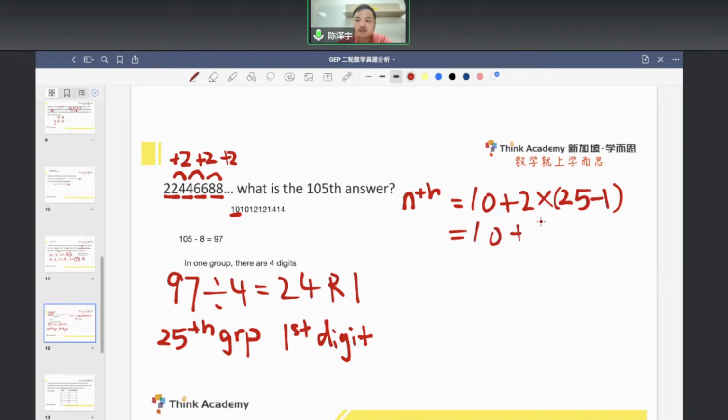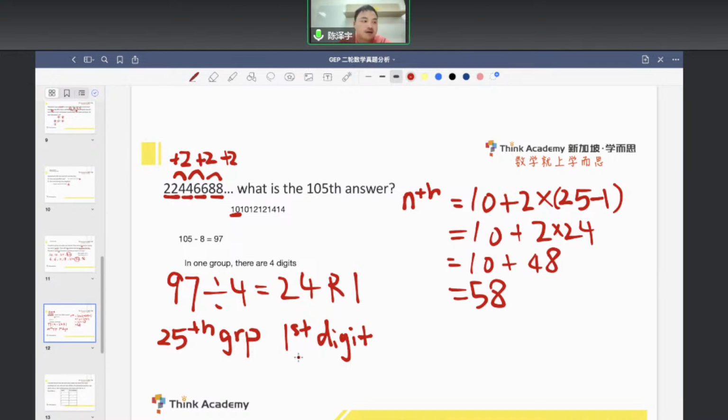So it's 10 plus 2 times 24, you get 10 plus 48, which is, oh sorry, 58. So your 25th group will be number 58.